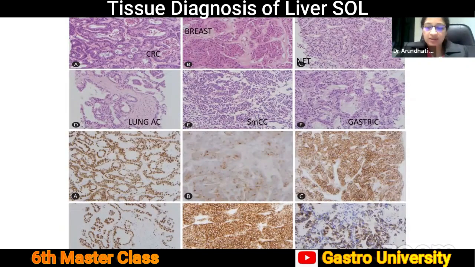A large spectrum of metastatic tumors in the liver, again showing either a nesting or acinar or sheet-like pattern. Sometimes it becomes very difficult to differentiate these from poorly differentiated HCCs, and that is where IHC again comes to the rescue with use of tissue-specific markers that includes CDX2 or synaptophysin or MUC5, sometimes GATA3, GCDFP, and TTF1.